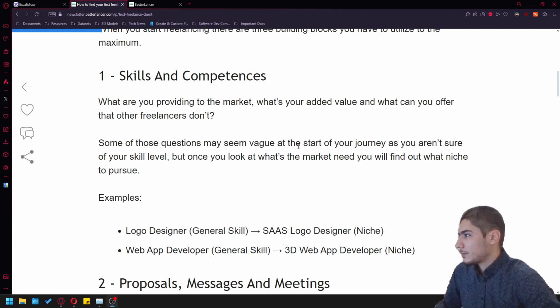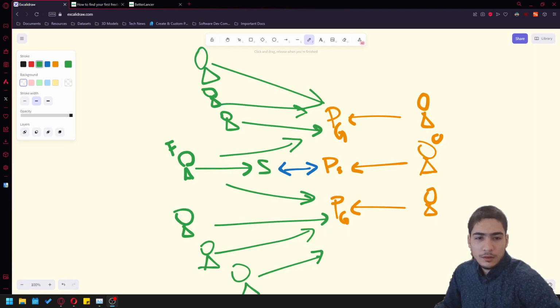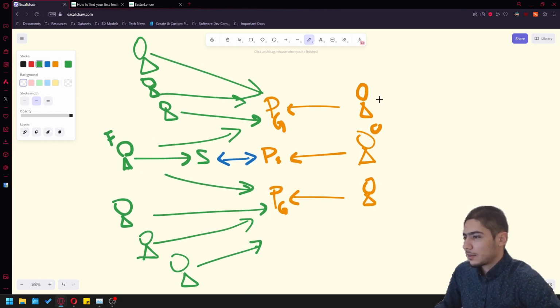Because, let's say, excuse the very messy design. Let's say there are three clients. Two of them have a general problem. They just say, well, I want just a logo, for example, or I just want a web app.